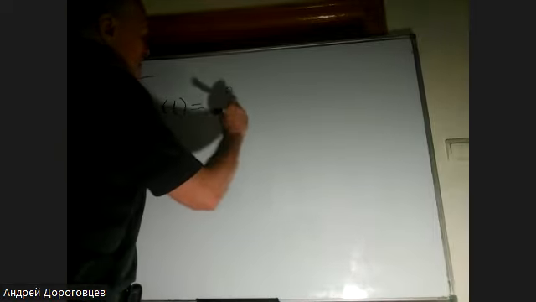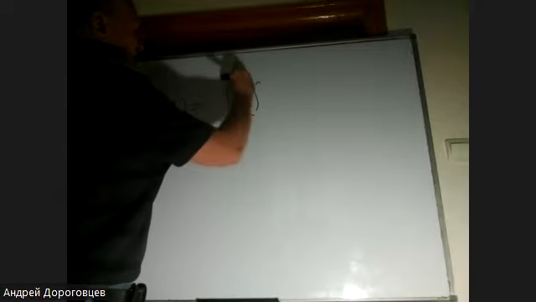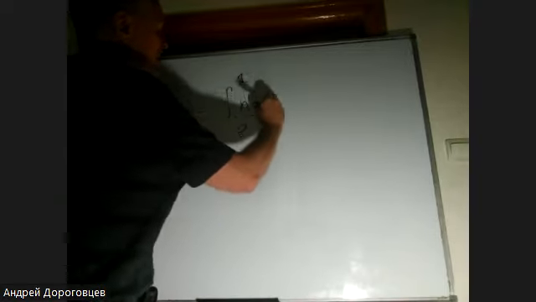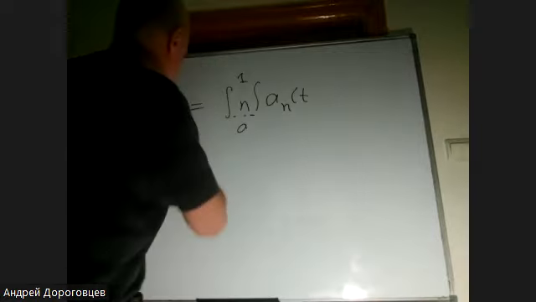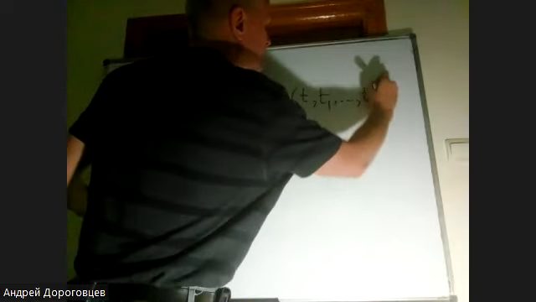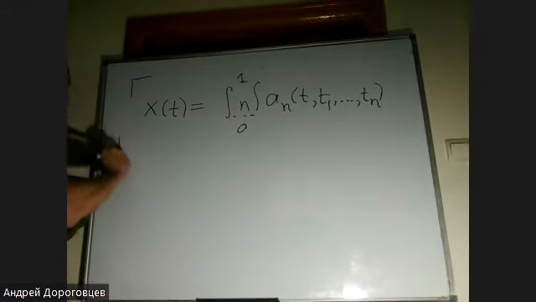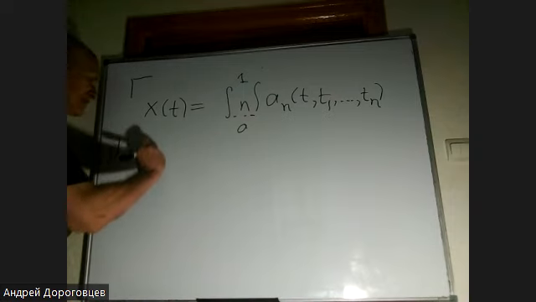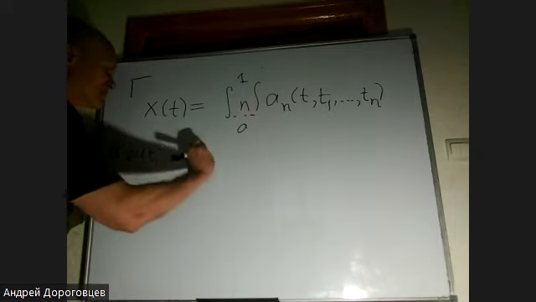So, firstly, I will start with a separate summand of this series. Now I am supposing that our random function is of the following kind: X(t) is equal to the integral from 0 to 1, n times, of an, which must depend on t, t1, ..., tn, dW(t1) ... dW(tn).